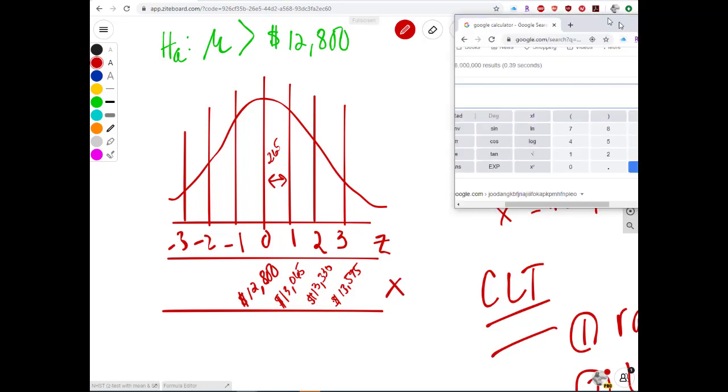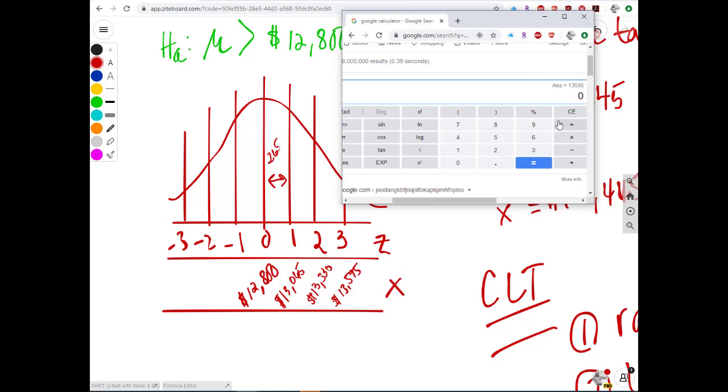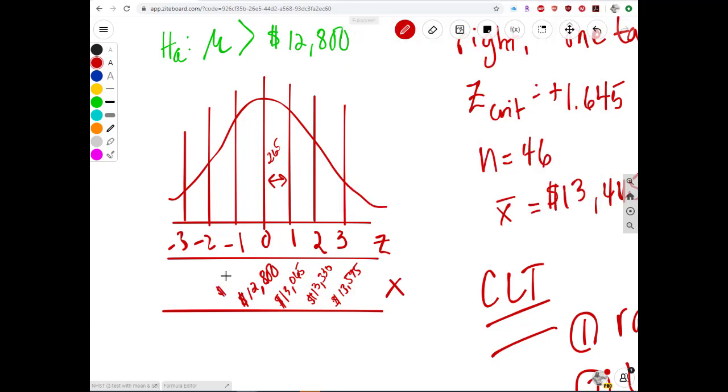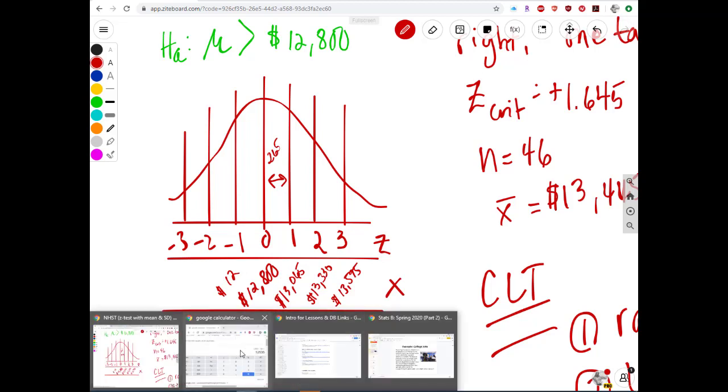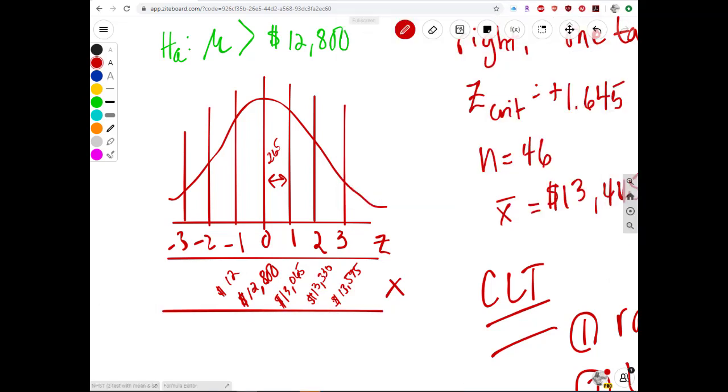And because I'm trying to be a good model for you guys, I'm going to mark the other areas too. So to find the raw score that matches the z-score of -1, I'm going to say this is 535.